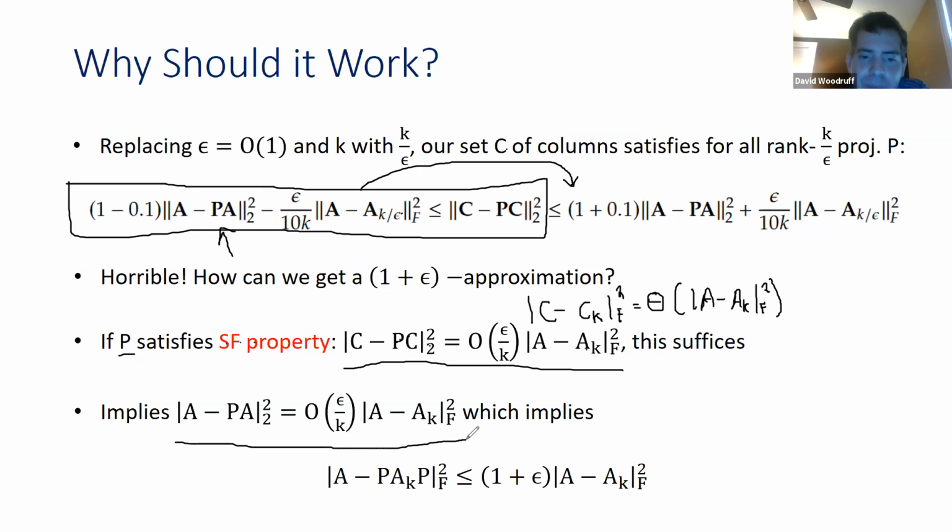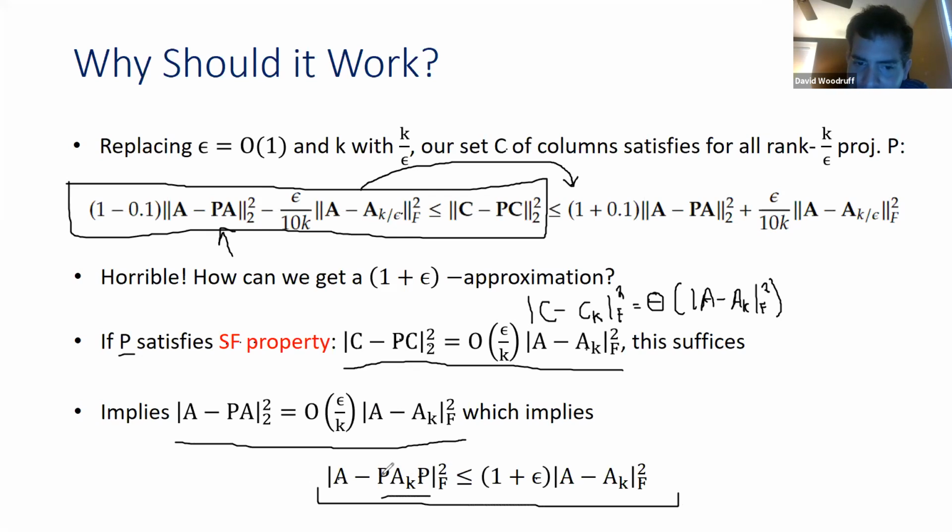And why is that useful? Well, it turns out if you have the spectral Frobenius norm property of a matrix, then there is a good rank K solution in its span. Namely, you can show that A minus P times the best rank K approximation to A times P, that squared Frobenius norm is at most 1 plus epsilon times the optimal cost. This is a rank K matrix.